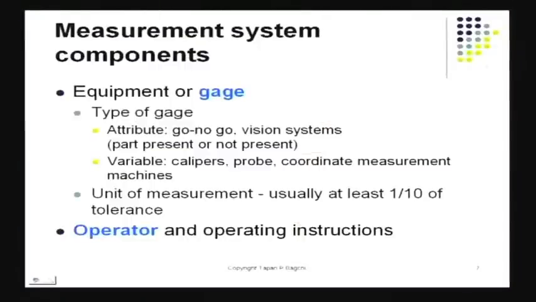Then there is one part that is caused by the gauge, because of the repeatability issues there. Then of course, the third component is the human being, the operator who is using this instrument and making the measurements. He puts the object there and applies the gauge and gets a reading. There may be some errors introduced by the individual also. This is what we call reproducibility, and that changes person to person.